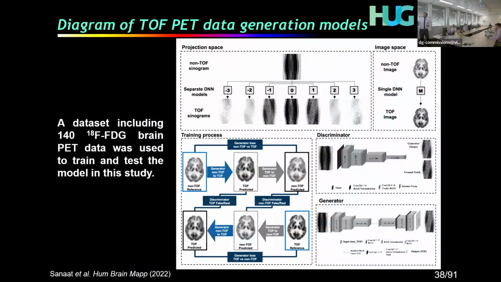Imagine we have the summation of several factors and we want to separate the signals. So here we are doing signal separation, because all we have is the summation of all of those TOF bins, and we want to reach each of them. It's a very difficult task for AI compared to going directly from the non-TOF image to the TOF images. Because of that, it didn't perform better than the image space.